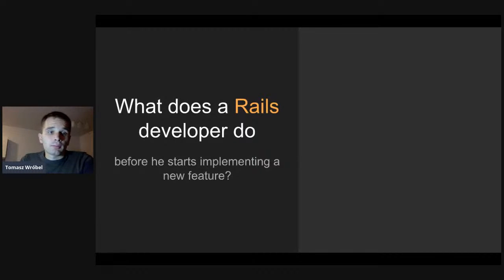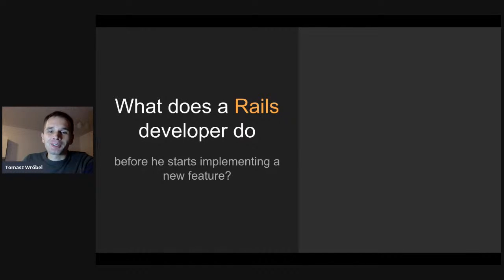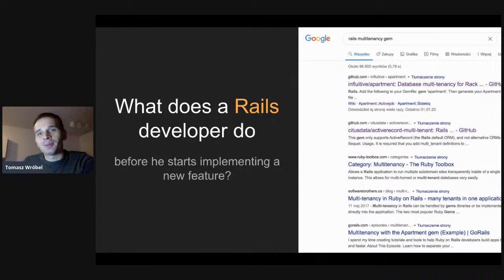But when a Rails developer has to implement something, what does he do? I could ask you this question, but I'm pretty sure you would agree that he just puts this phrase into Google: Rails multi-tenancy gem.